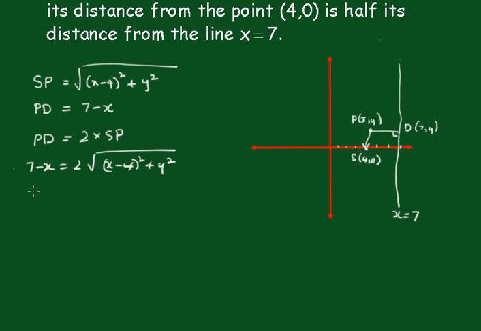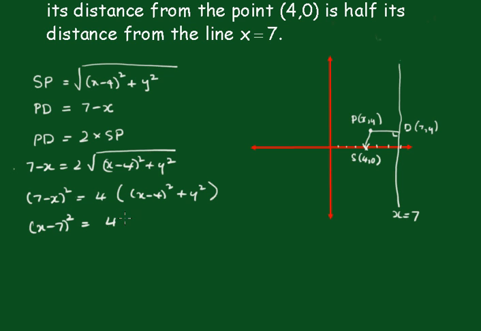Okay, so squaring both sides, we get (7 minus x) all squared equals 4 outside of (x minus 4) all squared plus y squared. Now at this stage we could actually expand all that out and would have some sort of locus, but I'm going to manipulate this a little bit just so you can see a nice sort of symmetry coming out of it. We'll change that to an (x minus 7) to make the algebra easier.